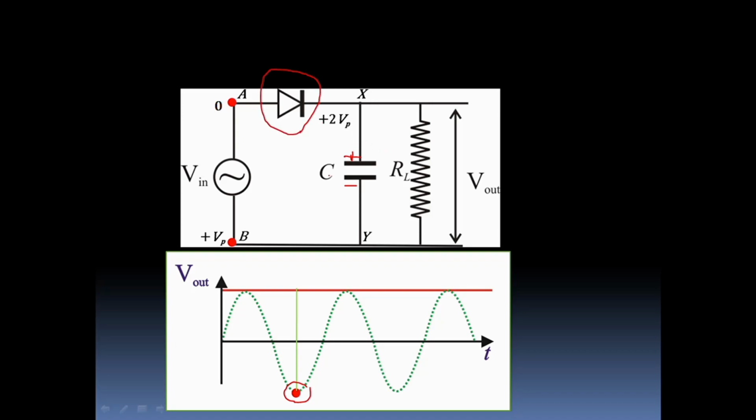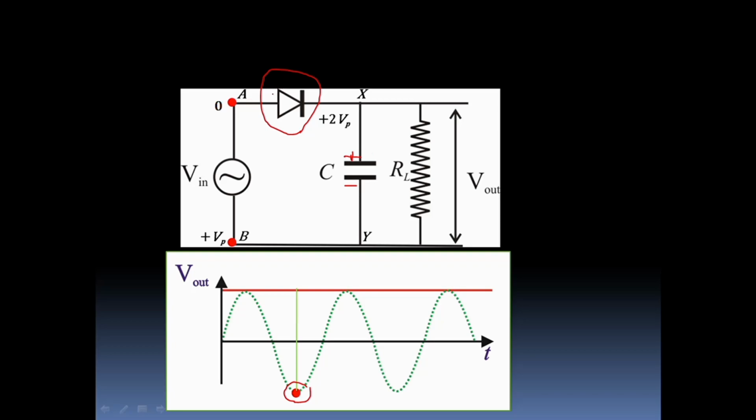Now if you look at this diode, it is reverse bias, and its potential at this side is 2 VP, the other side 0, therefore the potential difference is 2 VP. And we know that there is a breakdown voltage for a diode.